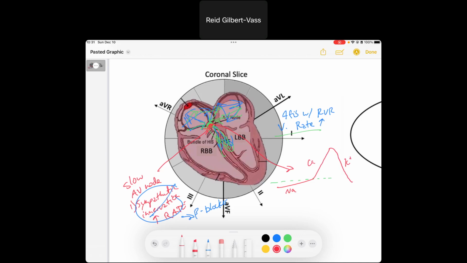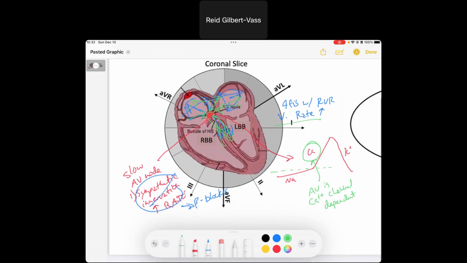So if I want to slow the conduction here, we know that our AV node is very calcium channel dependent, meaning it can really slow down the rate of depolarization and the rate of signal conduction.